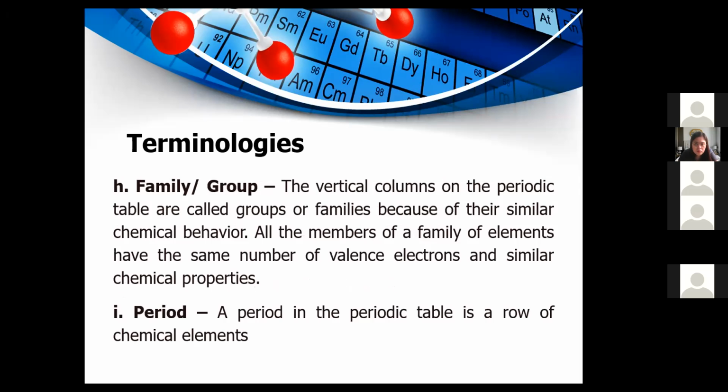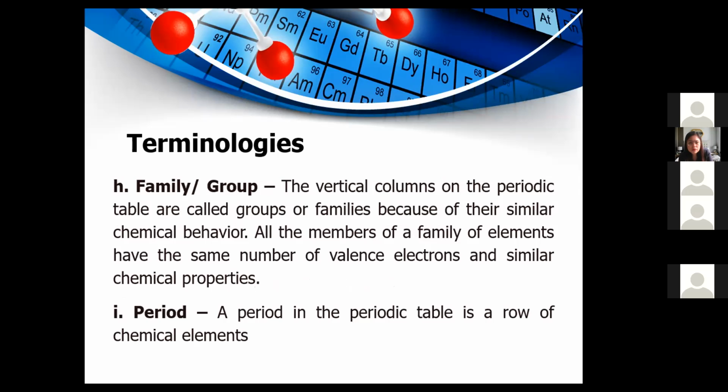Next, family or group. The vertical columns on the periodic table are called groups or families because of their similar chemical behavior. All the members of a family of elements have the same number of valence electrons and similar chemical properties.